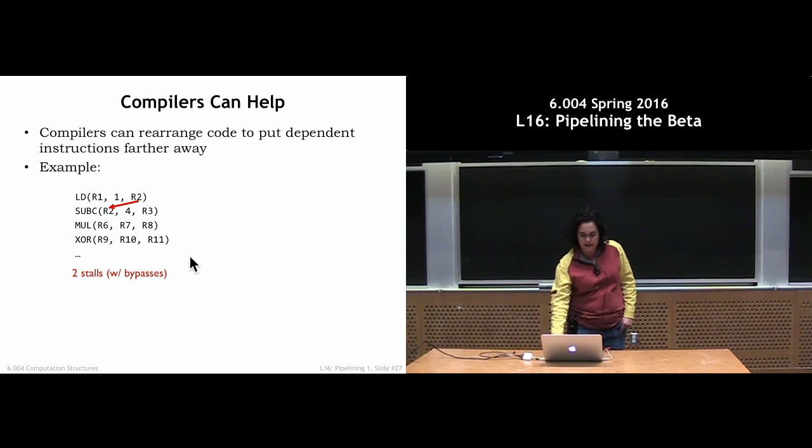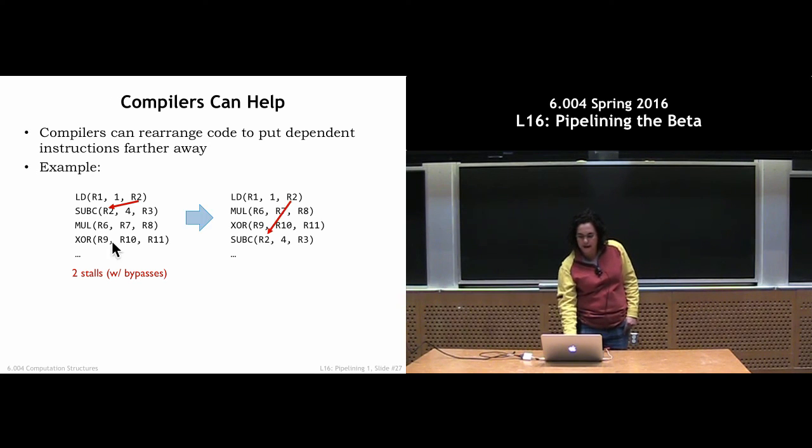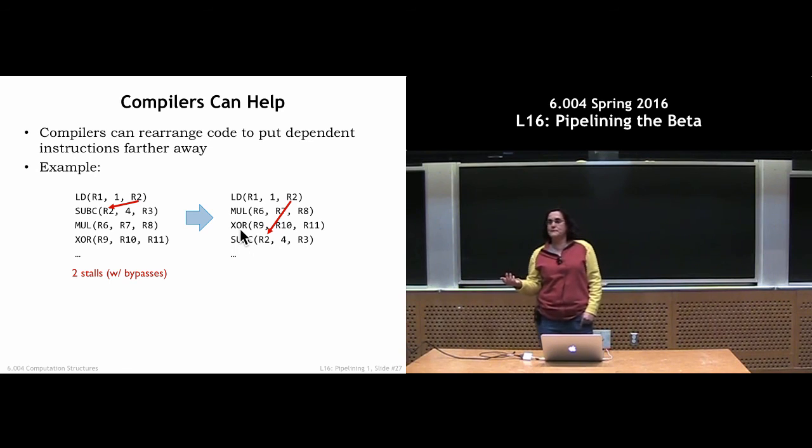But suppose that my compiler came and realized, hey, there's really no dependency between the multiply or the XOR operation and the subtract. So I could actually reorder these operations and have my subtract occur after those, right? And so I can make my code look like this. And now the dependency on R2 has 2 locations already filled with real instructions, and so I no longer need to insert these no-ops, okay?